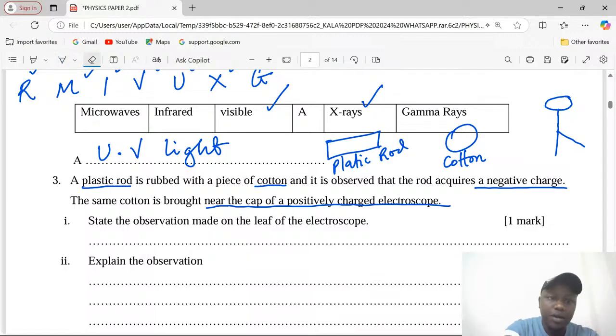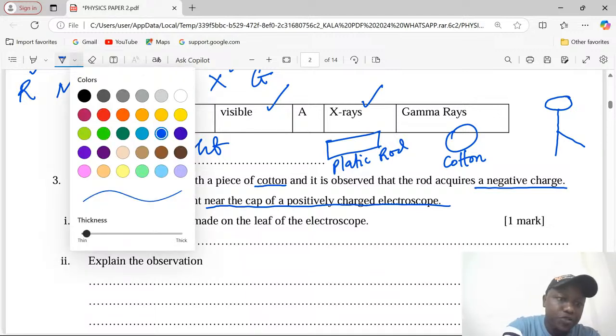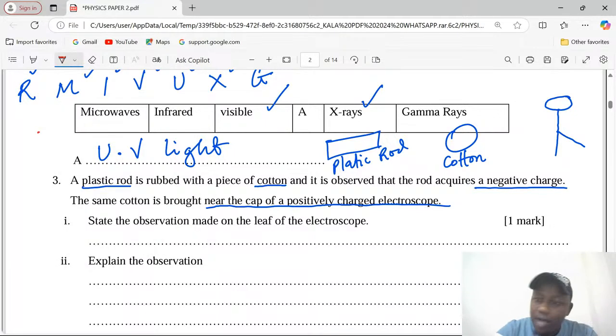Now, when it is positively charged, it means that positive charges are at this point, both at the plate and at the leaf, which are leading to an increase in the divergence.